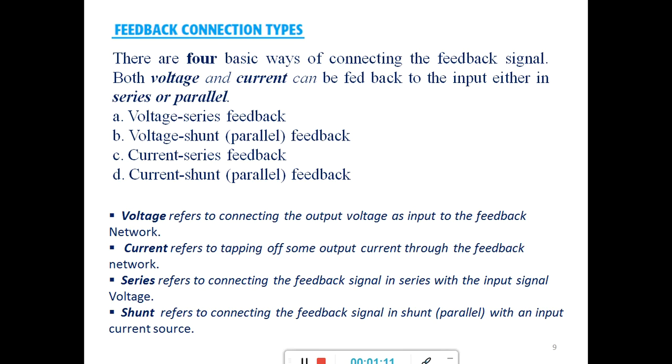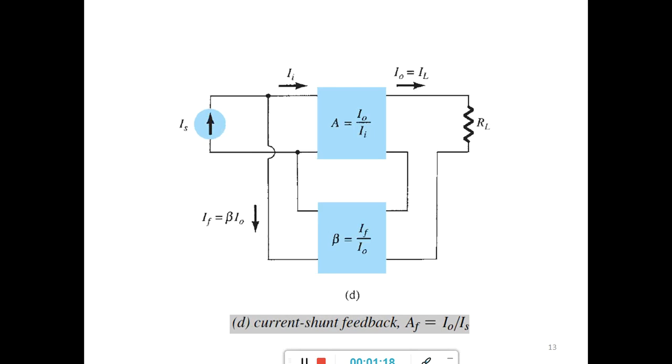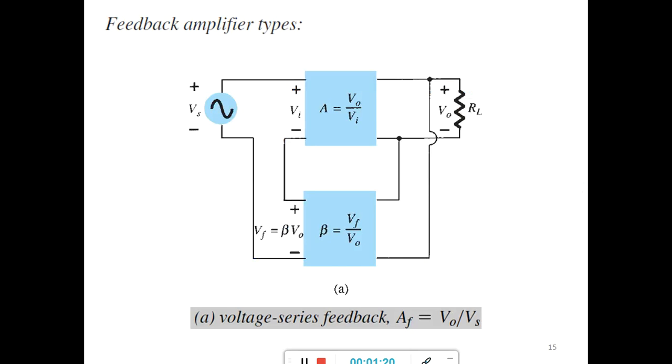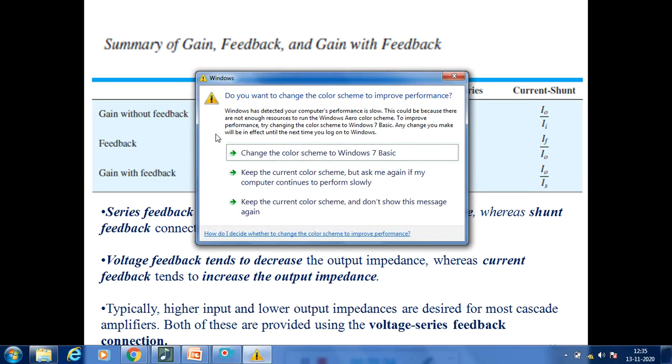We discussed these with respect to their block diagrams and also the mathematical expressions in detail in our previous session. That was a chart which represented the summary of the mathematical expressions for the gain parameter feedback and also gain with feedback parameters.